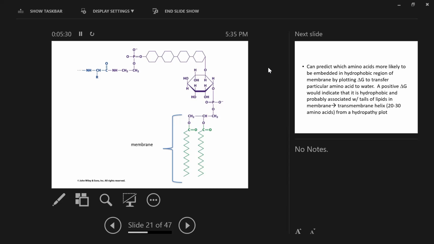But position 3, instead of having a fatty acid, which would be a triglyceride, we have a phosphate and many sugars, another phosphate, and look, we have a peptide bond here. Then we have an alpha carbon and an amino group.